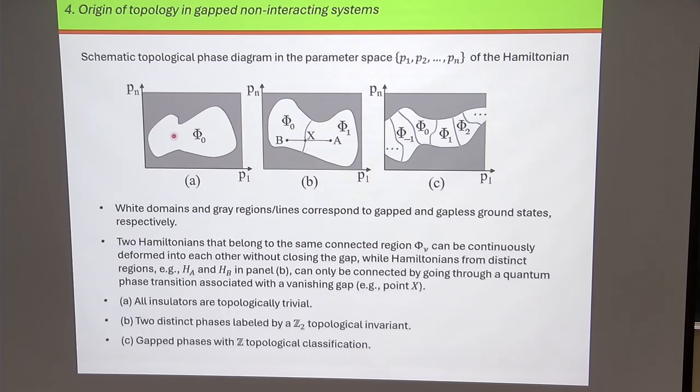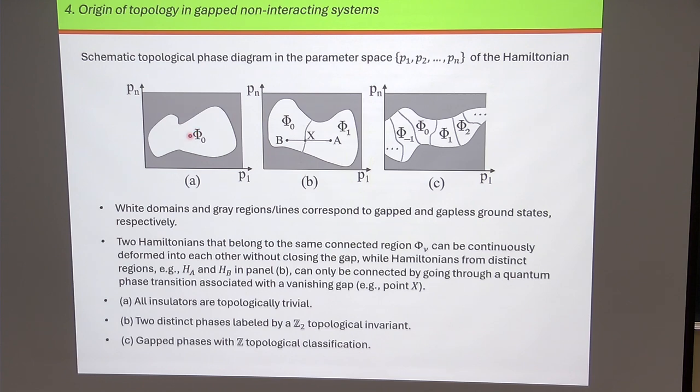Wherever you have gray, you are closing the gap. So I can go smoothly from any point in the white region by changing these parameters. The band structure is going to deform, but as long as I don't go out of this region, the Hamiltonian is always gapped.